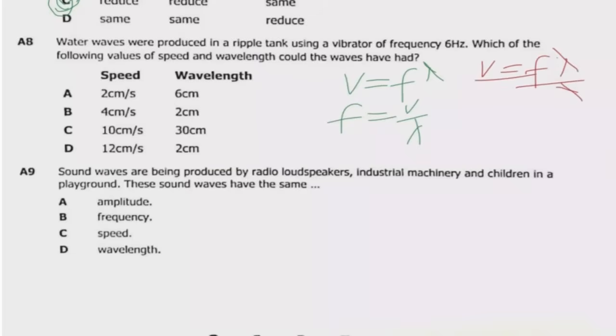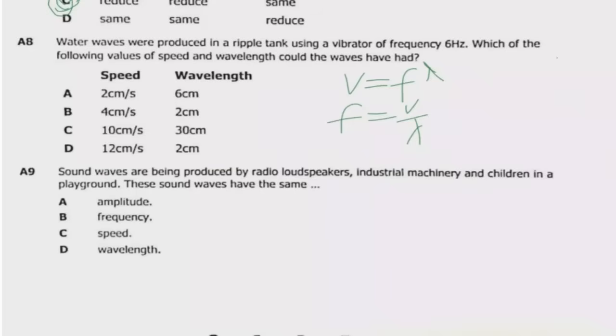Then the wavelength on this side and this wavelength will cancel each other, leaving us with the frequency. In physics, changing the subject of the formula is one of the skills that you should have so that it can be easier for you to manipulate formulas.